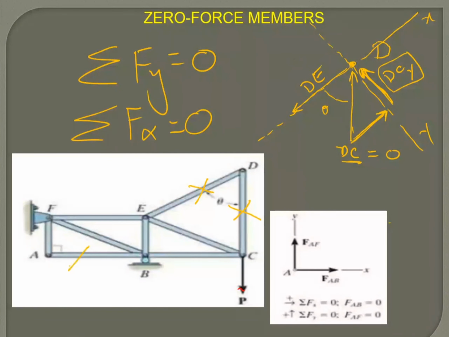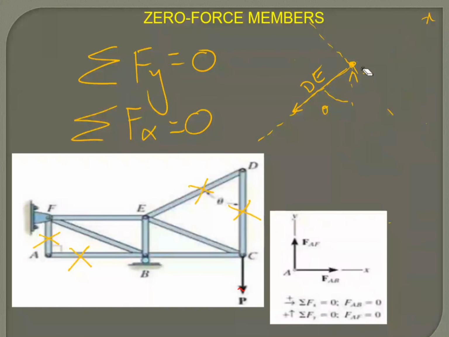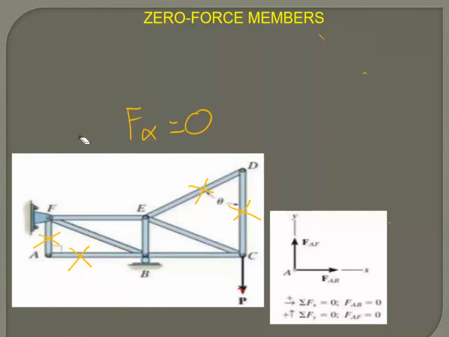So in this structure, we found 4 members which are zero force members. I'll go into the details just a second. Stay with me, okay? Let me get rid of this. Everything will get cleared, how you find those zero force members.